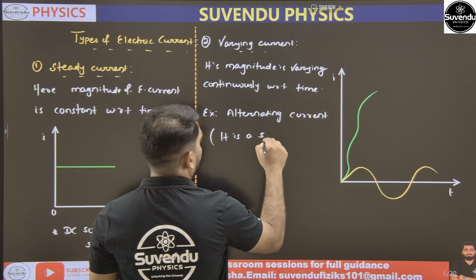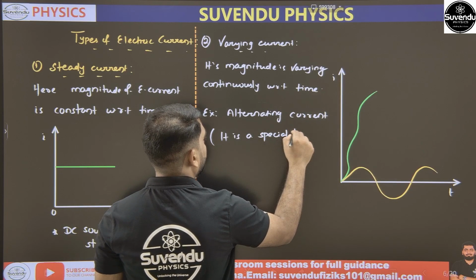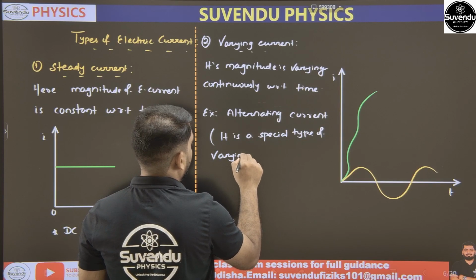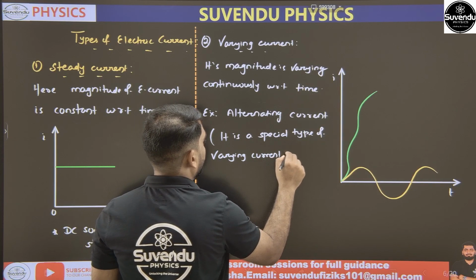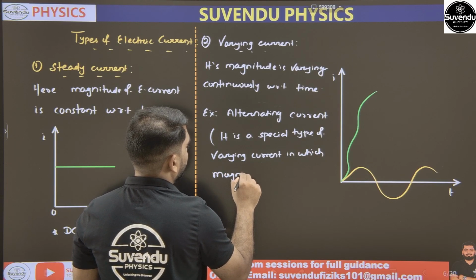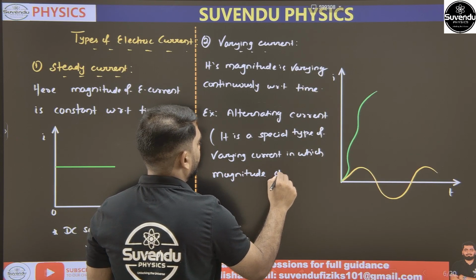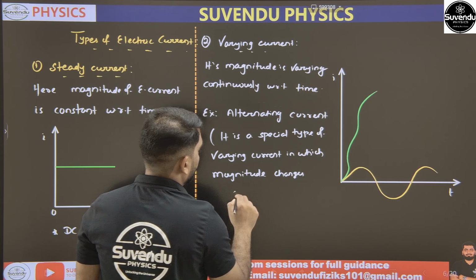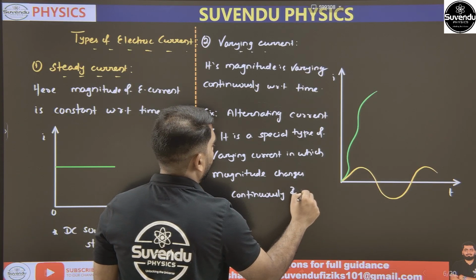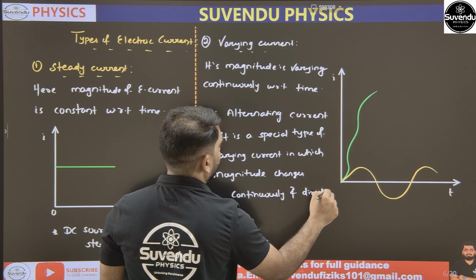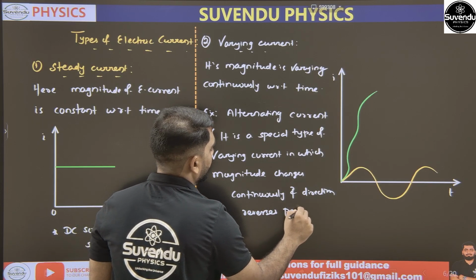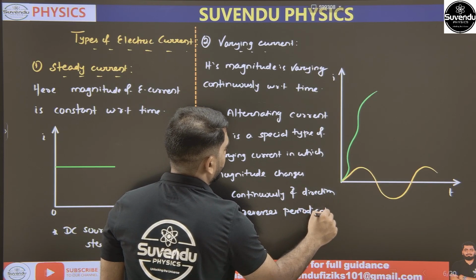It is a special type of varying current in which magnitude changes continuously and direction reverses periodically. The direction reverses periodically.